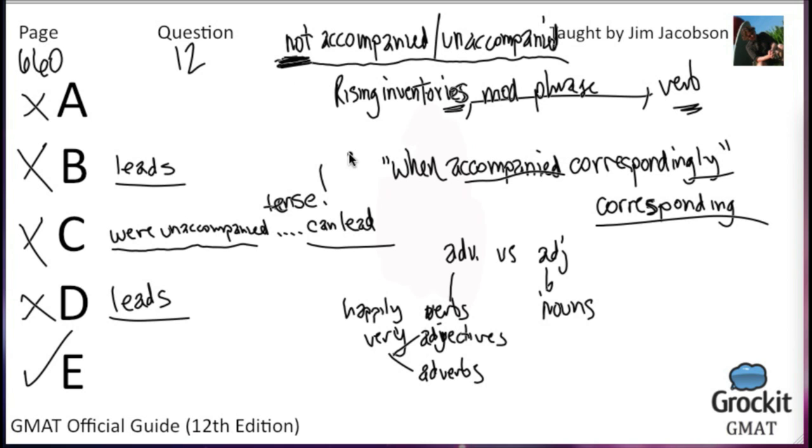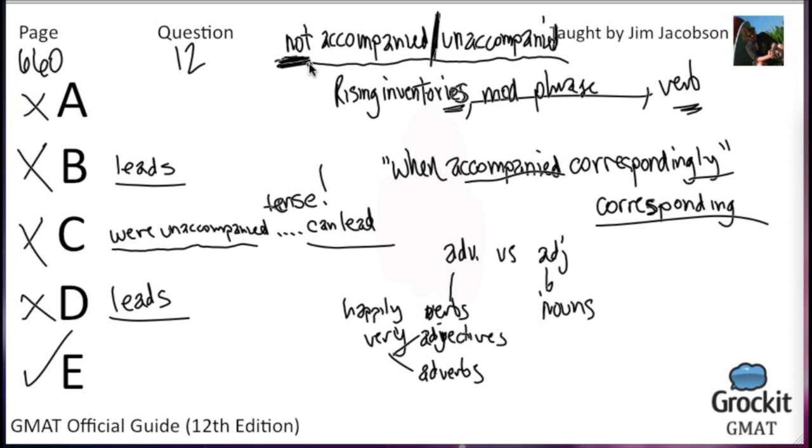I'm not really in a good position to contradict the official guide because, of course, they're the ones who make the test. I would argue that in most circumstances, if there is a negative form with one word, you're still safer with that on the GMAT because it's fewer words. In this particular case, every other answer choice introduces other errors, so we had plenty of reason to eliminate all the unaccompanieds versus not accompanieds.